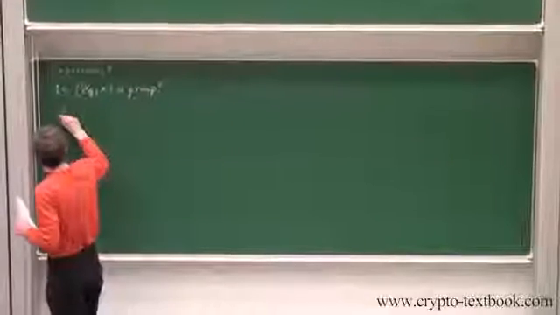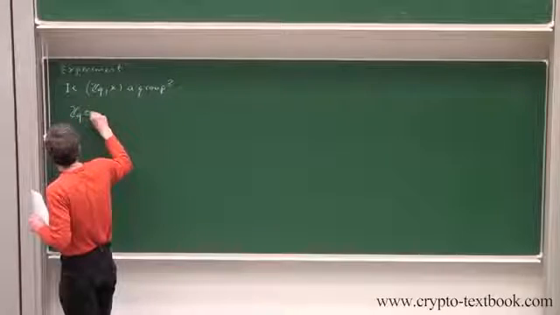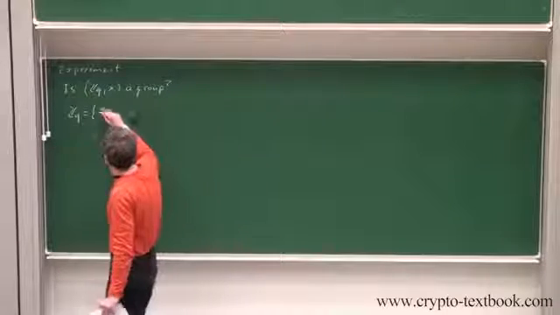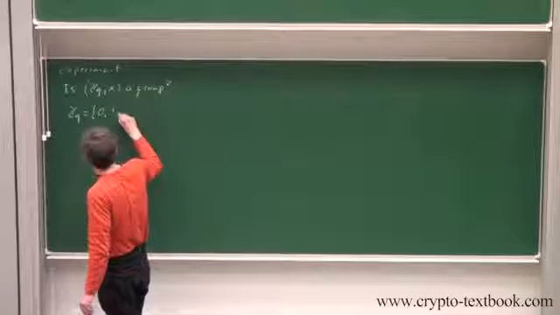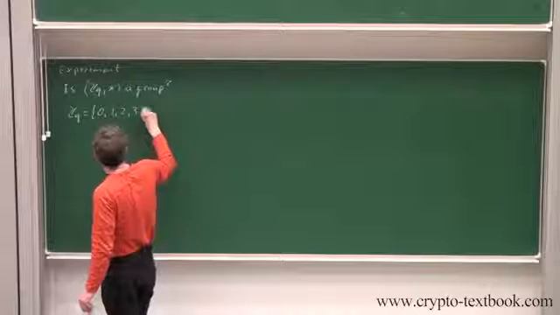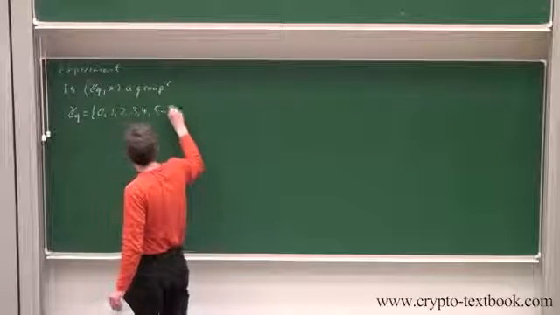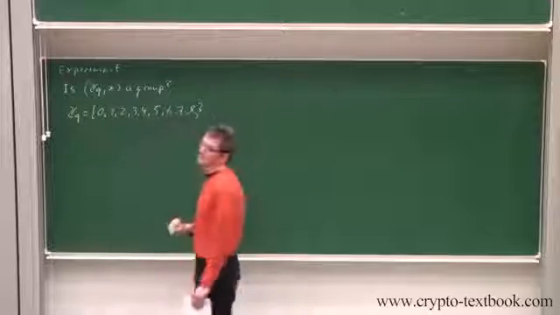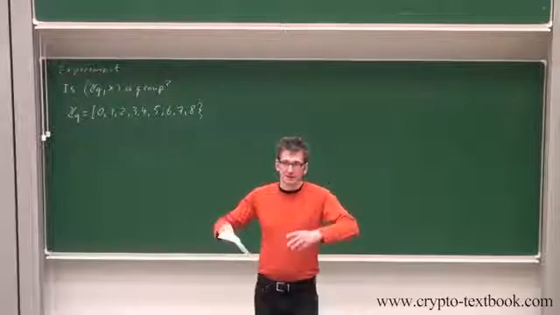Let's first recall what Z9 is. Z9 is this set of integers 0, 1, 2, 3, 4, 5, 6, 7, 8. This is the set.